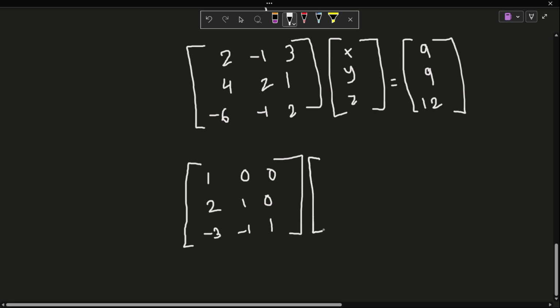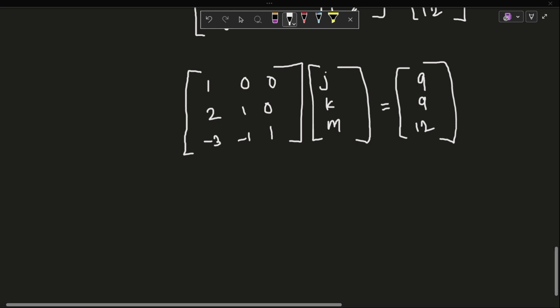And so this times another set of variables like j, k, m, that's going to equal B, so 9, 9, 12.